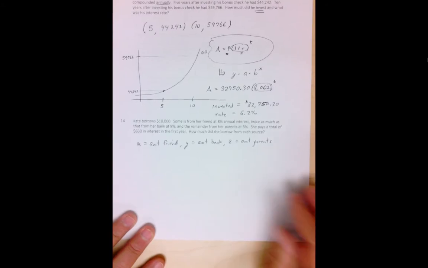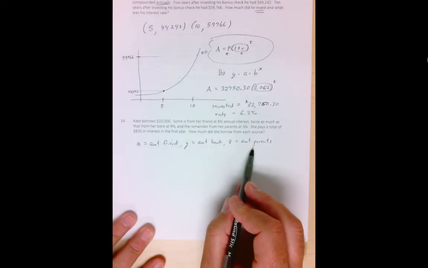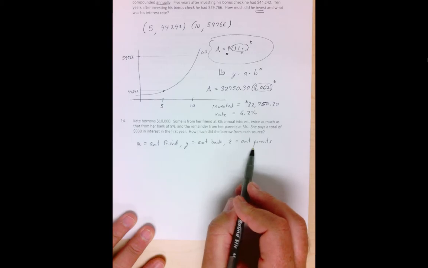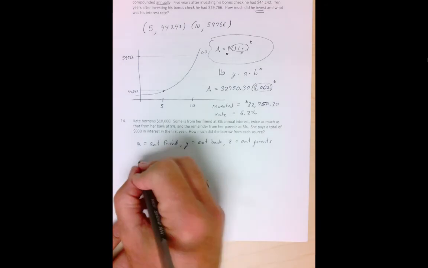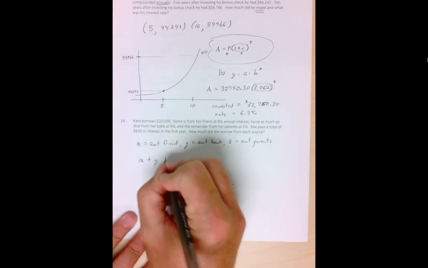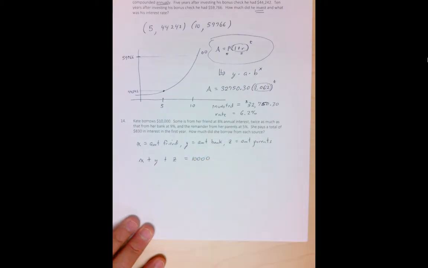All right. So 3 variables. So guys, we've got to come up with 3 equations. So the first thing we see is from all these sources, she has $10,000 that she's borrowed.